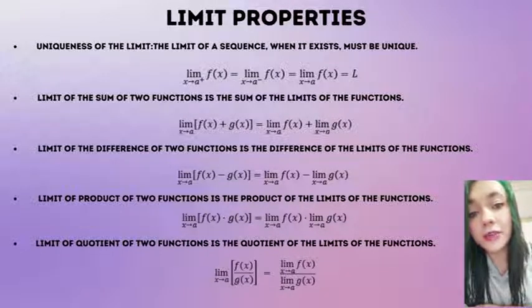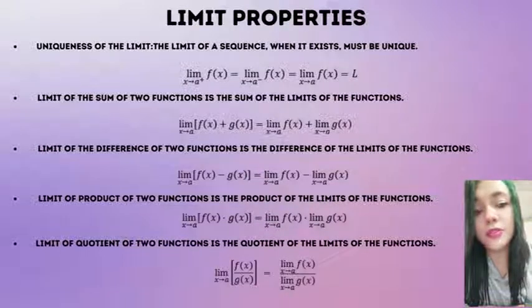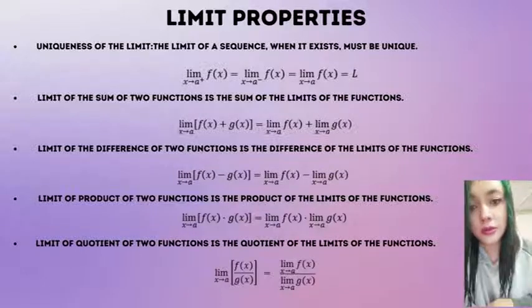The limit of the difference of two functions is the difference of the limits of the functions. The limit of the product of two functions is the product of the limits of the functions. The limit of the quotient of two functions is the quotient of the limits of the functions.